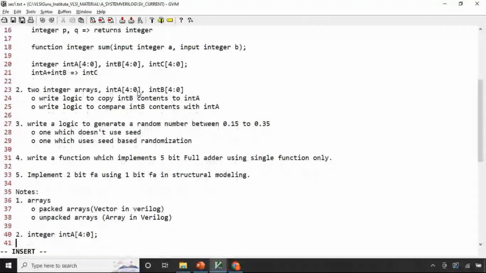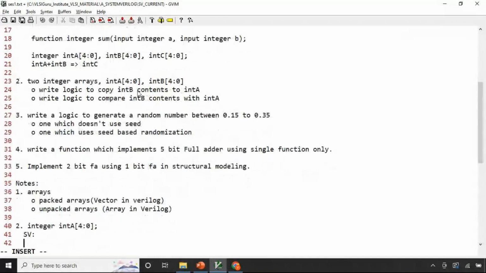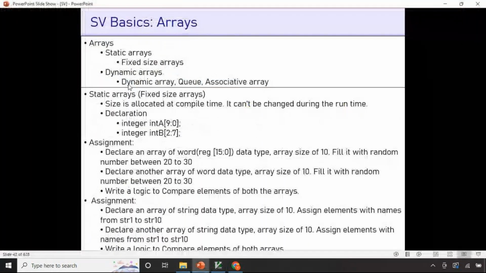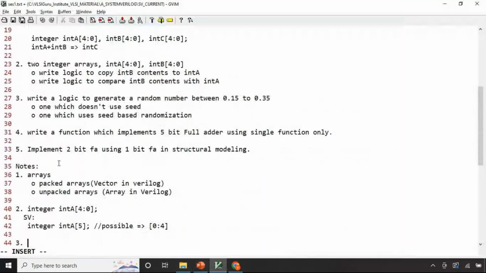In SystemVerilog, just write 5, and it will automatically be treated as 0 down to 4, as if you had declared the integer array with 0 down to 4. This is one classification. Right now we won't touch upon it. We'll talk later about packed arrays and unpacked arrays.